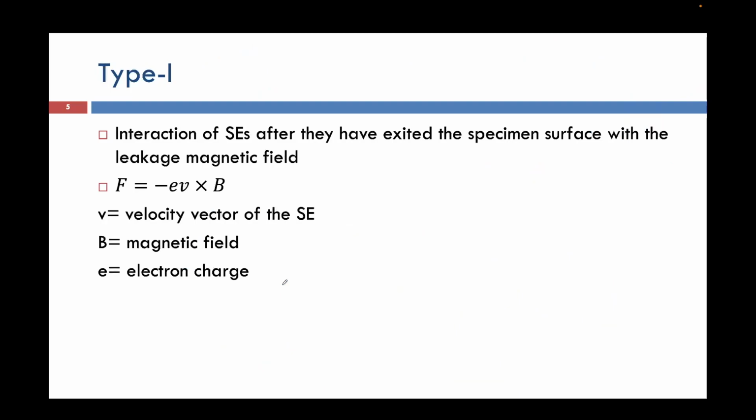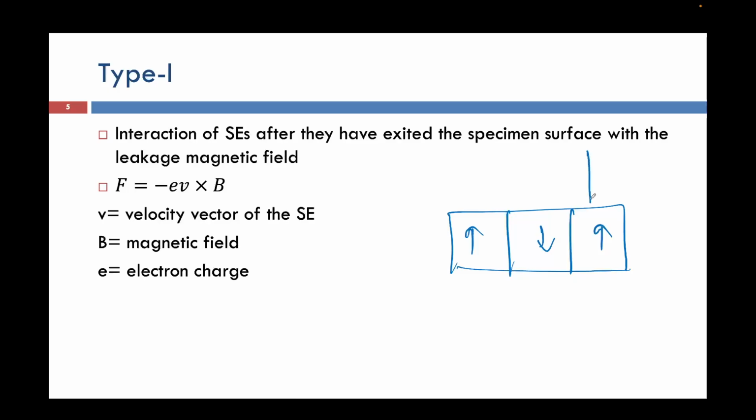So here type 1 means the interaction of secondary electrons, after they have exited the specimen surface, with the leakage magnetic field. Let's say this is my magnetic field, this is my magnetic domain, and my beams are coming.